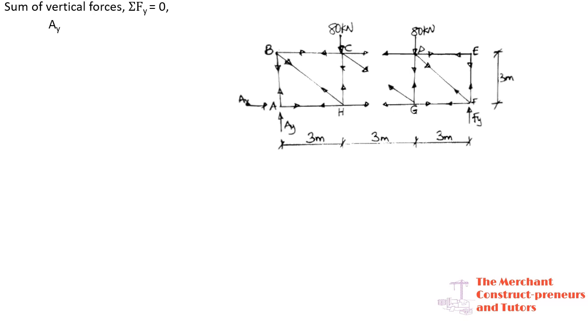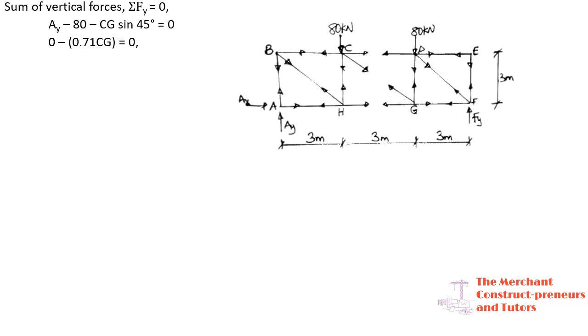The next section, we are starting with the equation of equilibrium. Sum of vertical forces equals 0. So vertical forces here from the beginning to the point before the cut. Hope you're understanding this analogy.